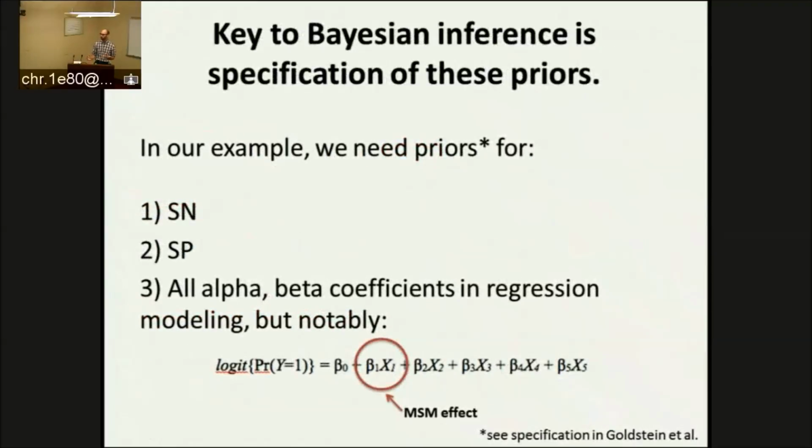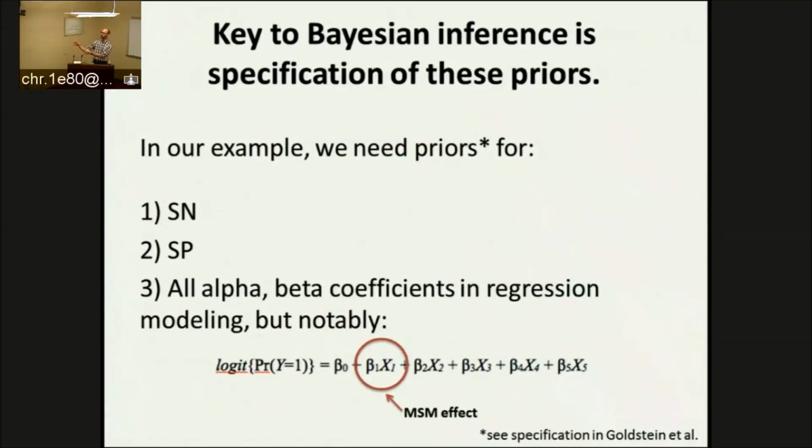So we need a few different things to be able to do that. We need sensitivity and specificity, and we already saw that. We had that from this study called BAAMHS. We also need some idea of the true relationship between high-risk sexual behavior and HIV infection. We also had that from BAAMHS.